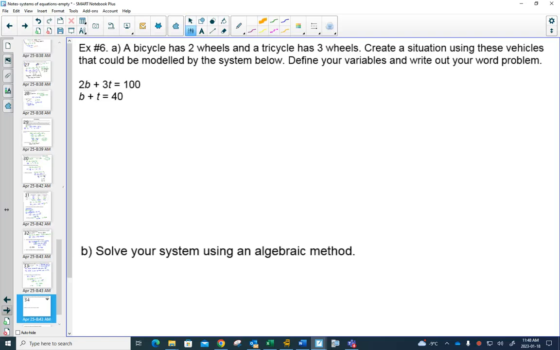Me being regular would say the following. Let B equal number of bicycles and T equal number of tricycles. The question says we have to use those vehicles, so we have to use bicycles and tricycles.